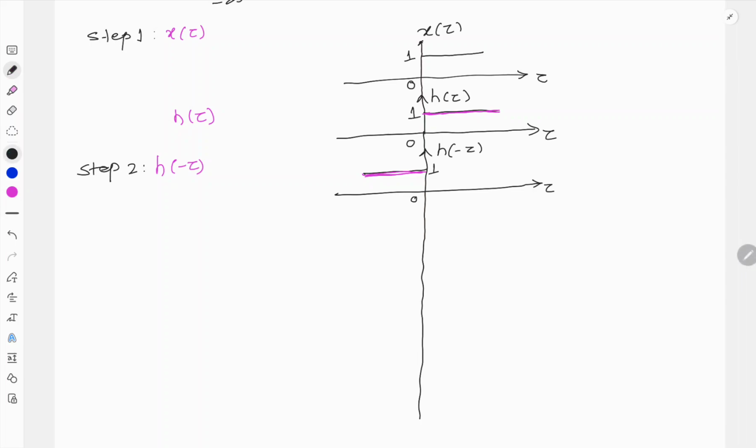Now step 3 is we have to shift this h of minus tau signal by t. So it becomes h of t minus tau, or just to understand, this h of minus tau signal is shifted by t amount. So it is h of minus tau plus t, which is nothing but h of t minus tau.